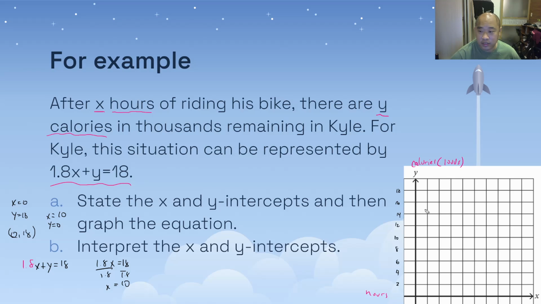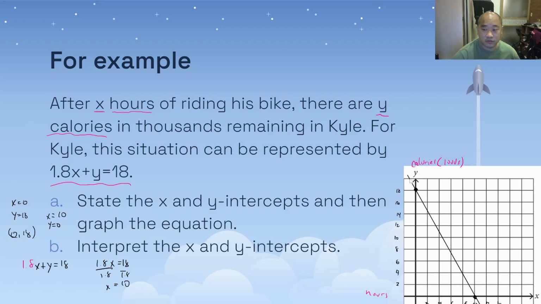So 0, 18 goes right here. And then we'll relabel these too. 2, 4, 6, 8, 10, 12, 14. Okay, so x is 10. It'll look like that. And then it'll look something like this.